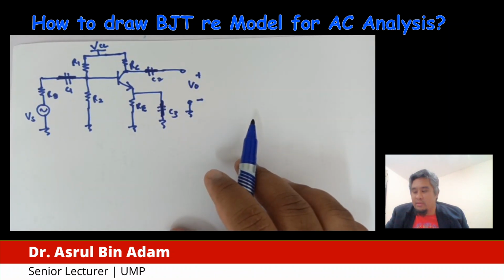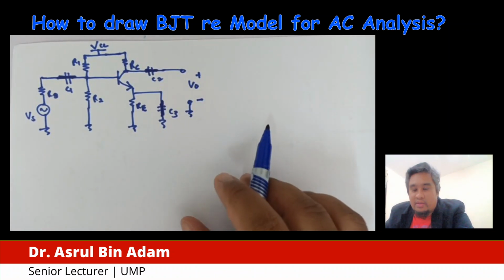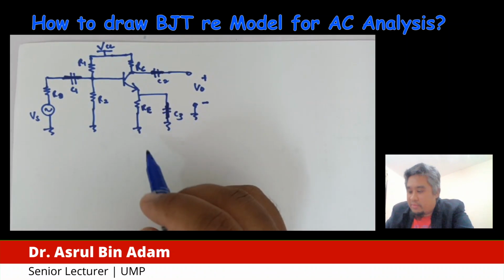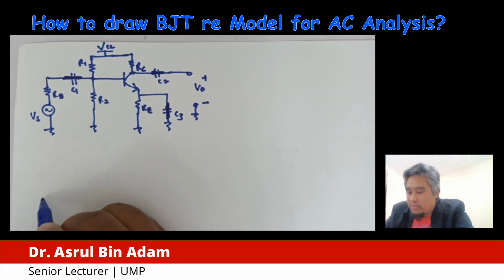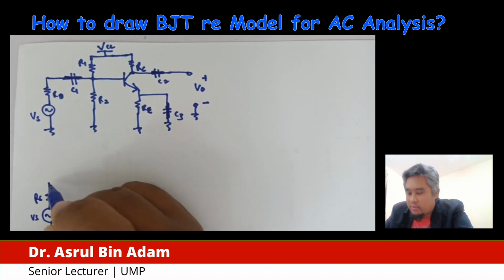Okay, so we can redraw again. So what we have: RS, ES, then turn.